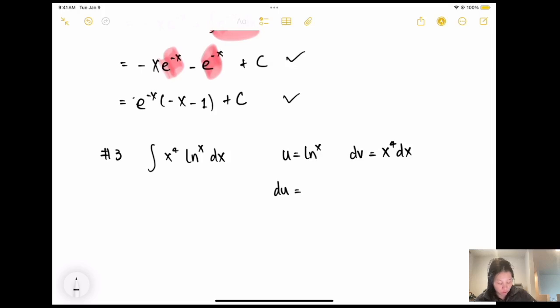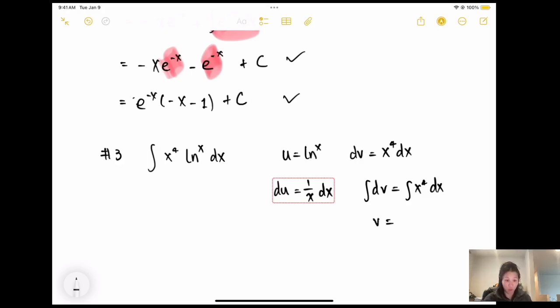du is equal to 1 over x dx. And then now we need to find v by doing the integral on both sides. When we do an integral on both sides, the integral of dv equals the integral of x to the 4th dx. So now we need to find the antiderivative of x to the 4th, which is 1/5 x to the 5th power.